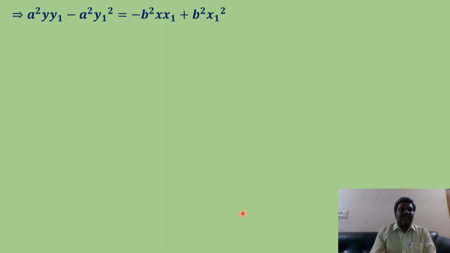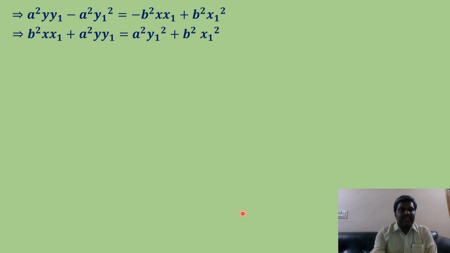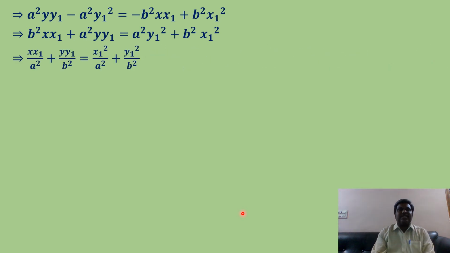Take a square y1 square to right side and minus b square x x1 to the left side. We get b square x x1 plus a square y y1 is equal to a square y1 square plus b square x1 square. Dividing on both sides by a square b square, we get x x1 by a square plus y y1 by b square, that is equal to x1 square by a square plus y1 square by b square.